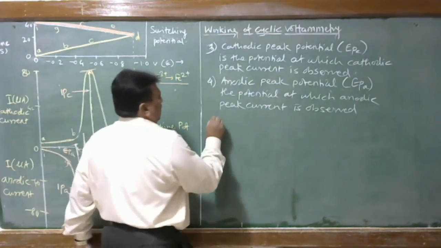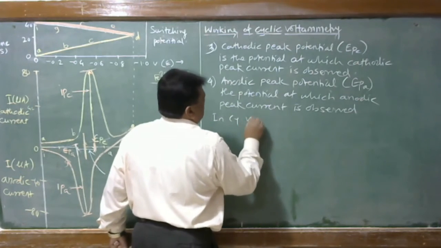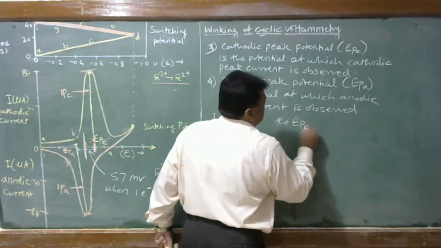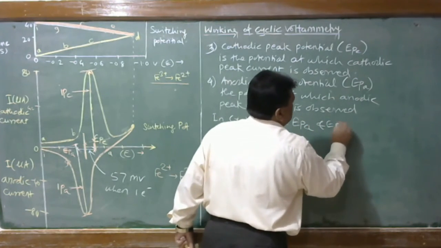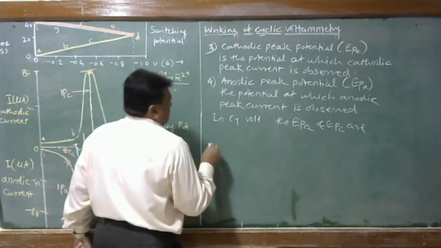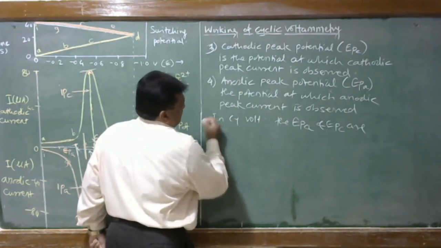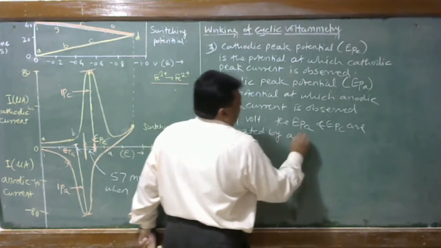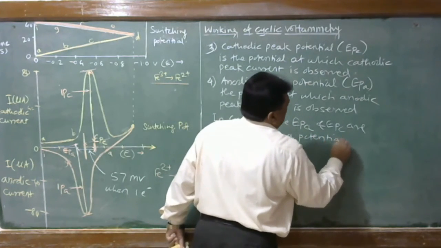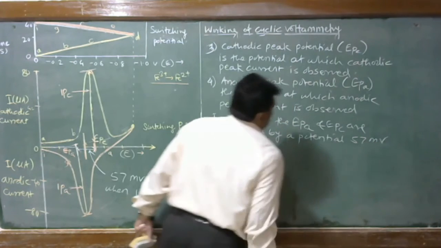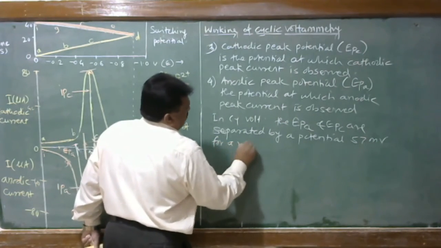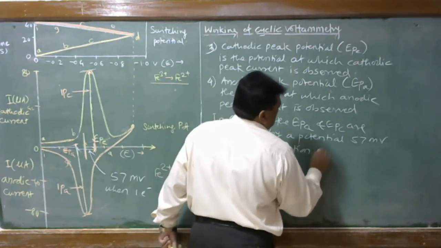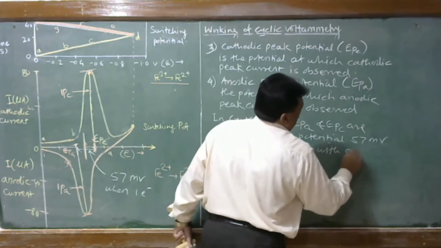Therefore, here in cyclic voltammetry, EPA and EPC are separated by a potential of 57 millivolt for a redox reaction with 1 electron.